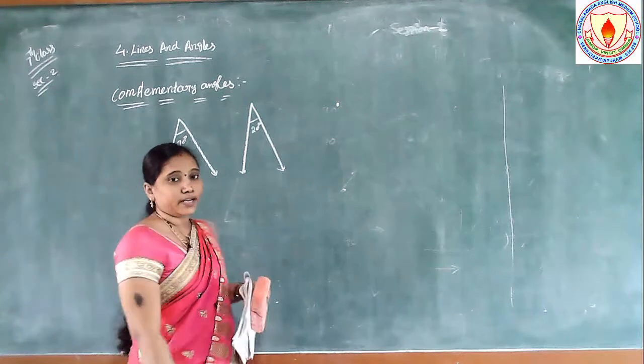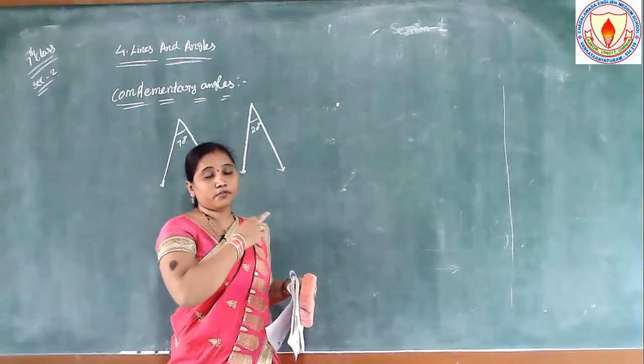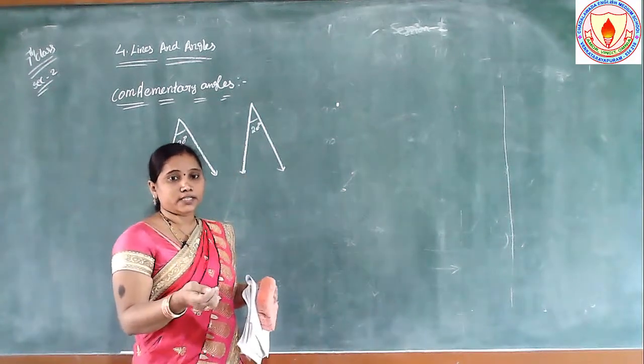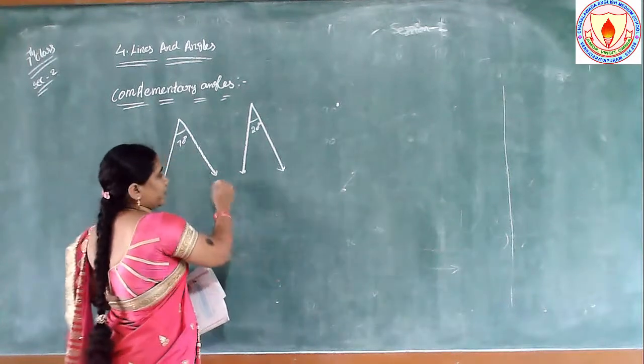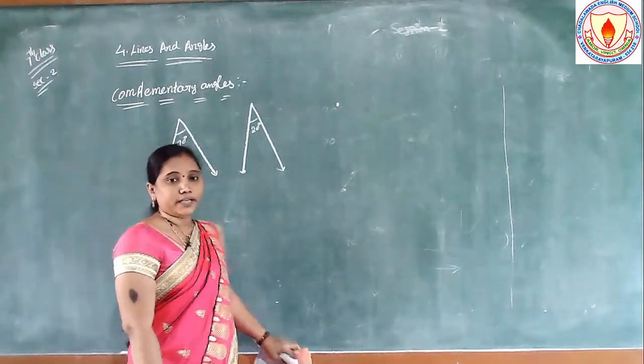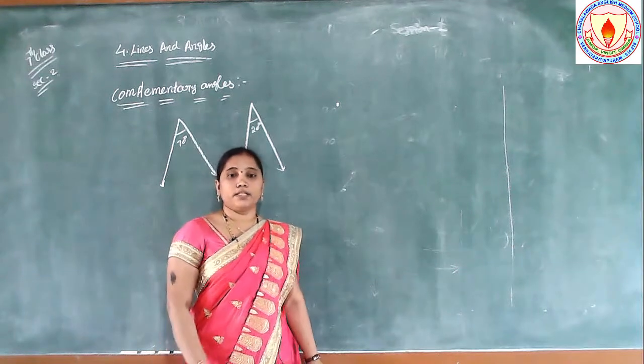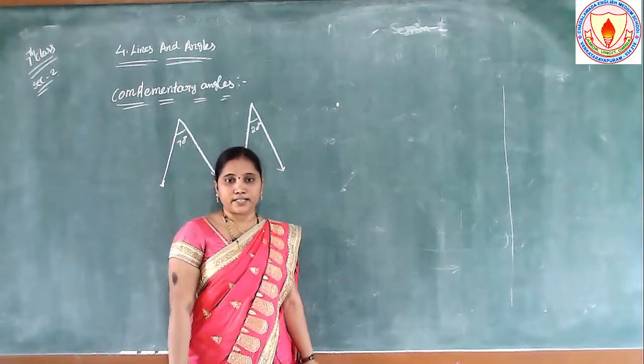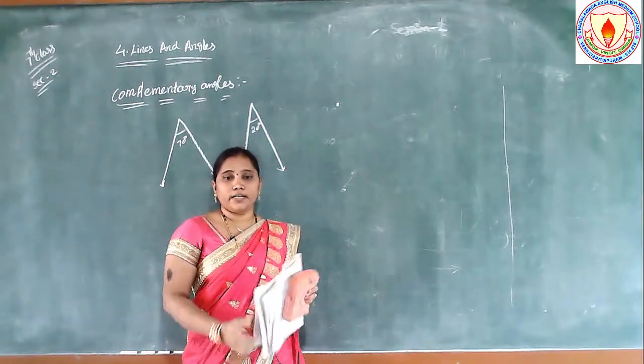Is it complementary angles? Yes, the sum of these two angles, 70 plus 20, is 90 degrees. So these two angles are also called complementary angles.